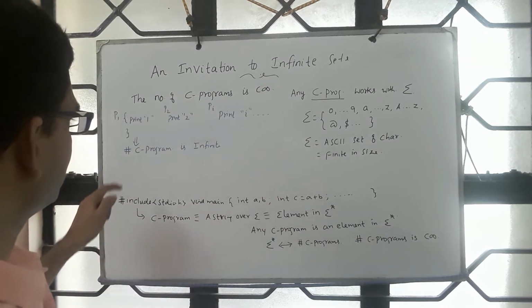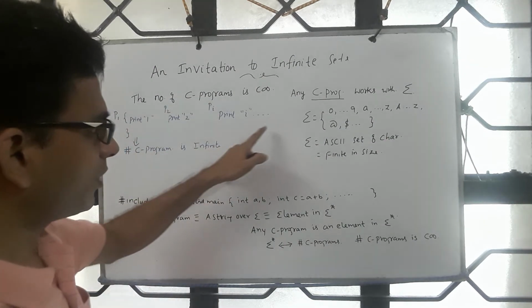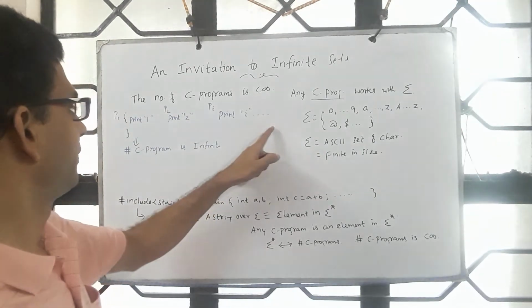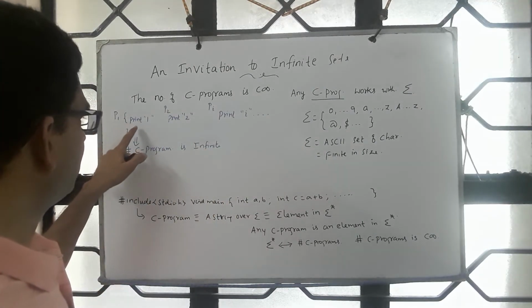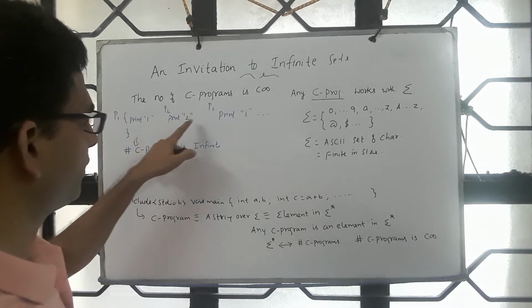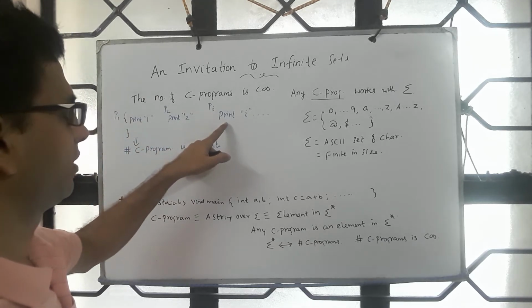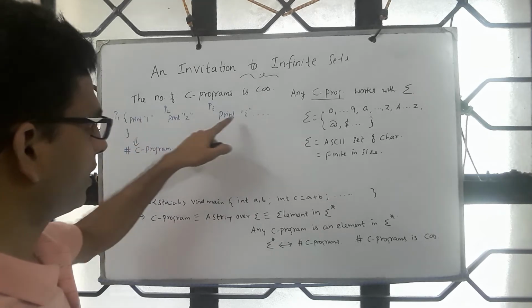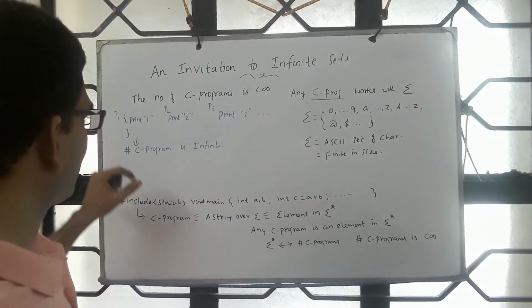The reason is I am not listing all possible C programs here. I am taking a specific case study where I am printing 1, in the second program printing 2, ith program printing i. Now this has got a mapping to n.